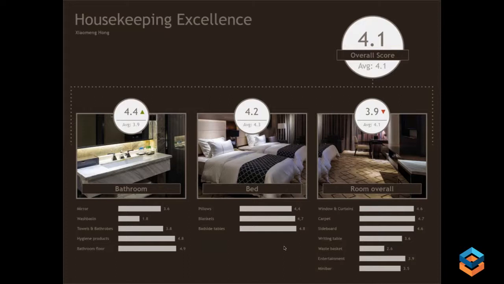So it's obviously hotel, hospitality, and the participants or customers are rating how they felt about the room, right? Was it clean? Did they like the pillows? How was the bathroom? Again, cleanliness is a huge thing there. And then, room overall. Did it look shabby? Did they vacuum? Were they attentive to detail?